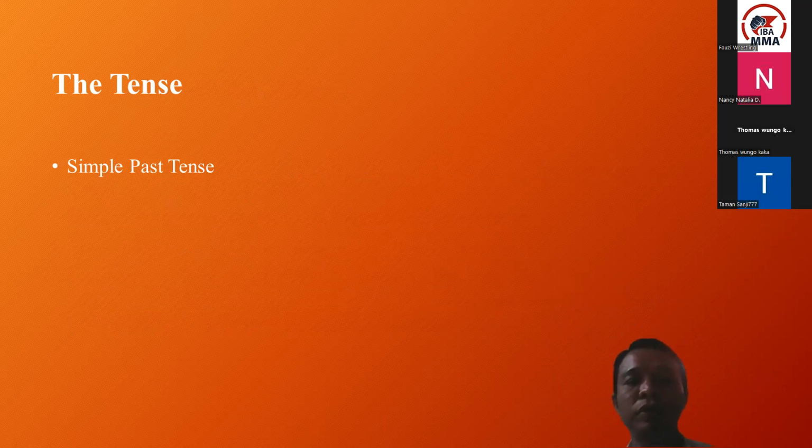So you have to use the simple past tense in making the narrative text. You are not allowed to use other tenses, but only the simple past tense.